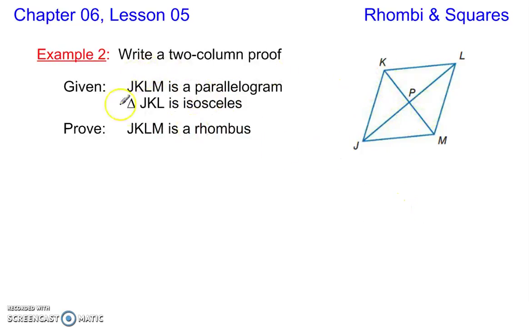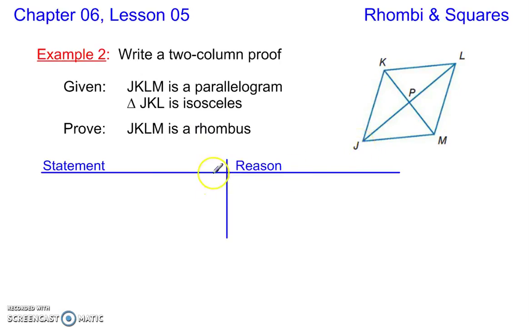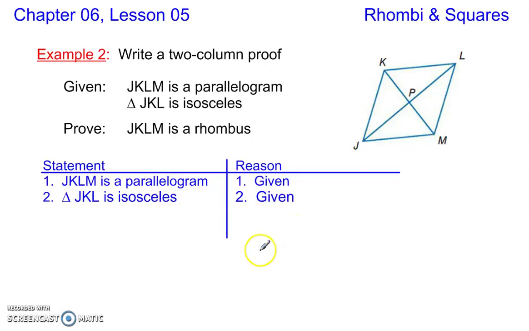So we write a 2-column proof. We know that this is a parallelogram, and we know that JKL is isosceles. We need to prove that JKLM is a rhombus. So we know it's a parallelogram, that is given. We know it's isosceles, that is given.